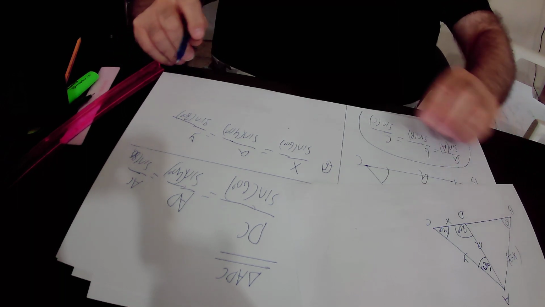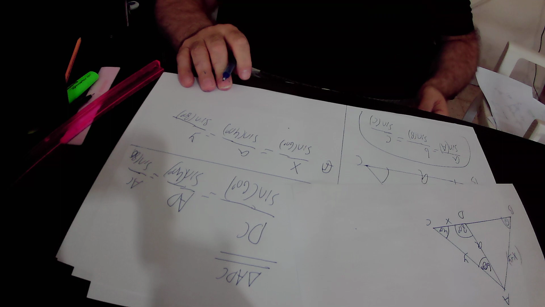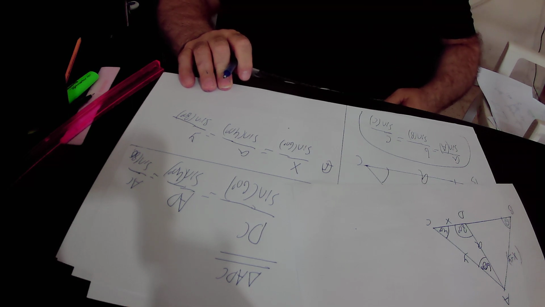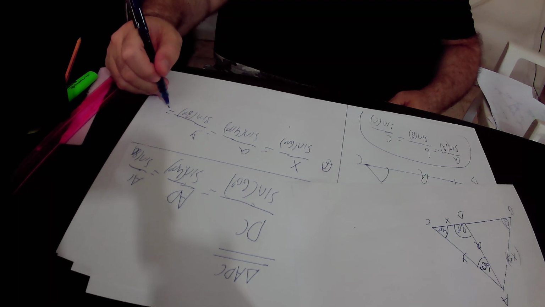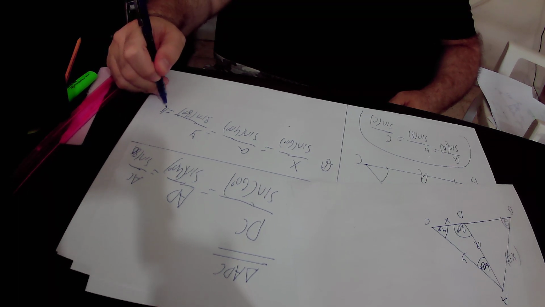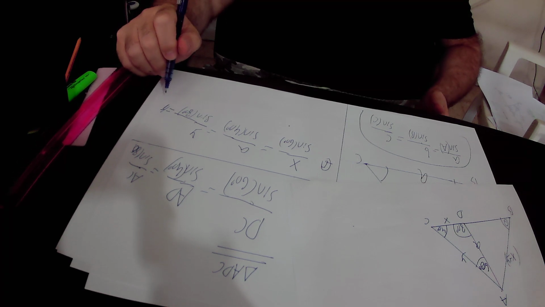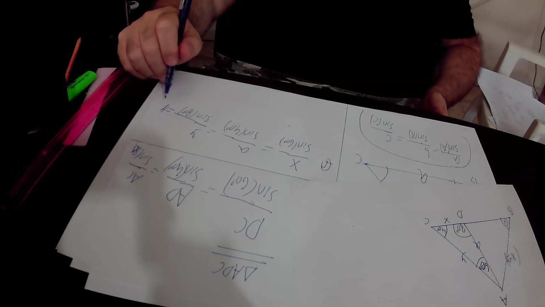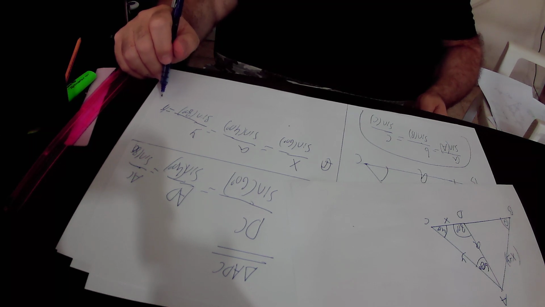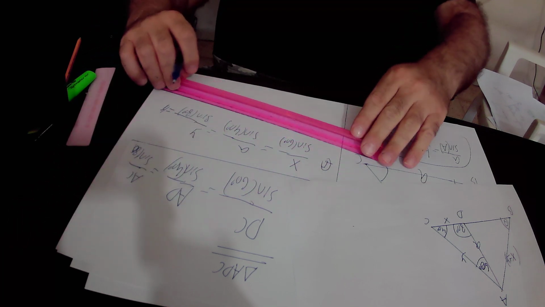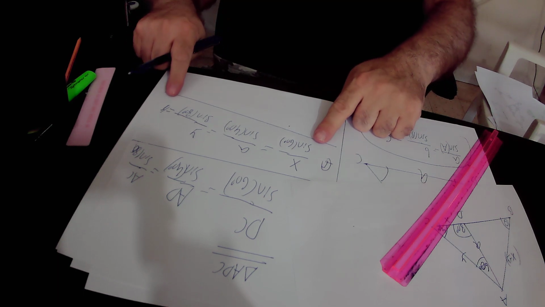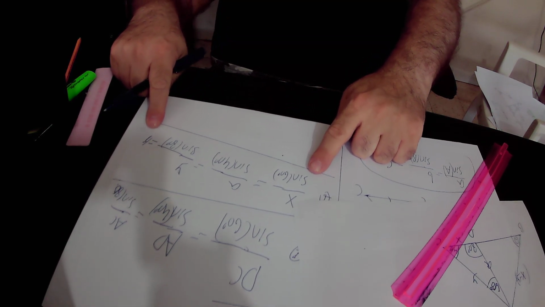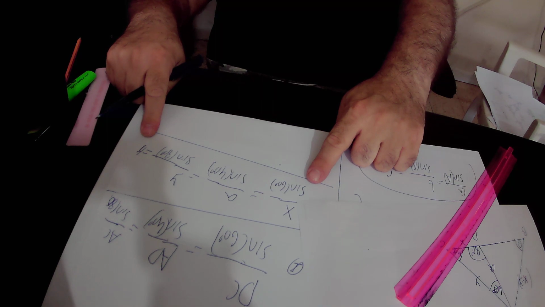Those three expressions are equal to each other, so we define their common value as k. And here we create the first equation: x over sine 60 degrees equals k.